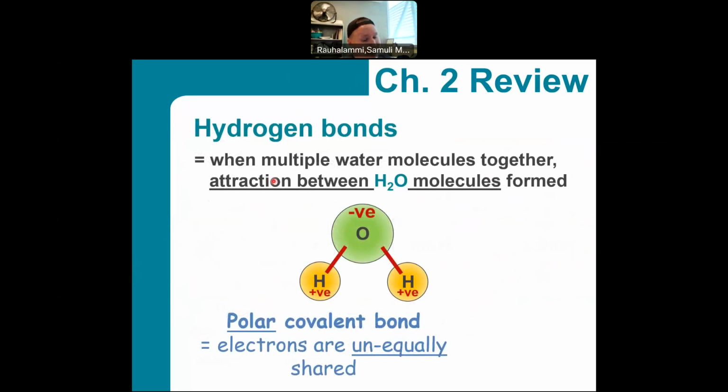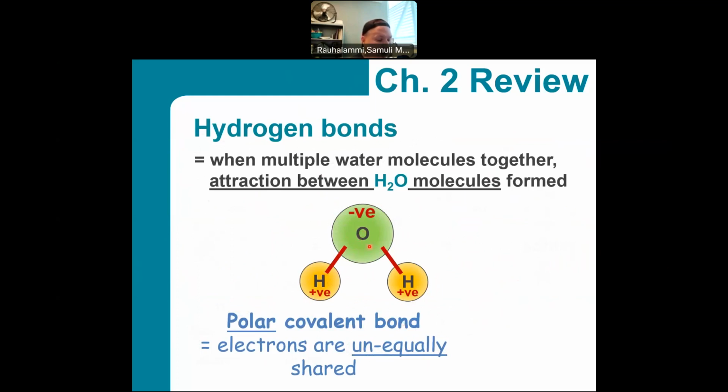So you remember that I mentioned earlier on that a water molecule was a result of hydrogens and oxygen forming a molecule where we had unequal sharing of electrons.